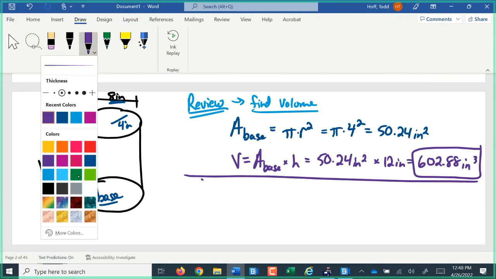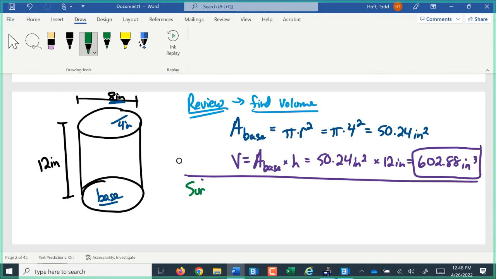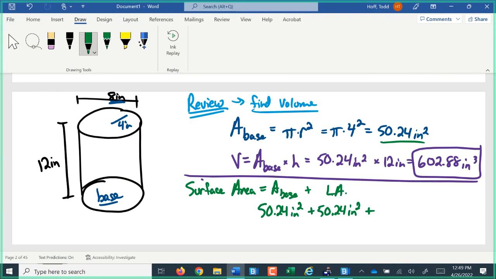Now, of course, let's switch over to our new topic, the surface area. For surface area, remember it's the area of the bases plus the lateral area. Well, we already have the area of the bases, 50.24 square inches. And of course there's two of them, so I'm going to write it down twice.